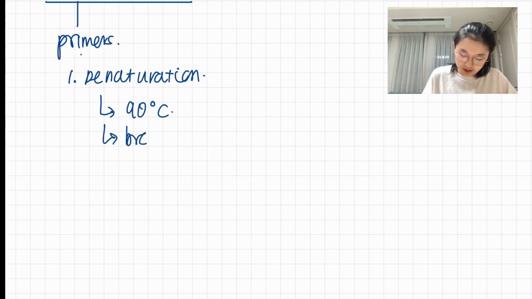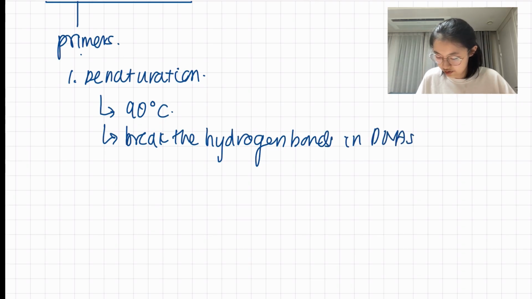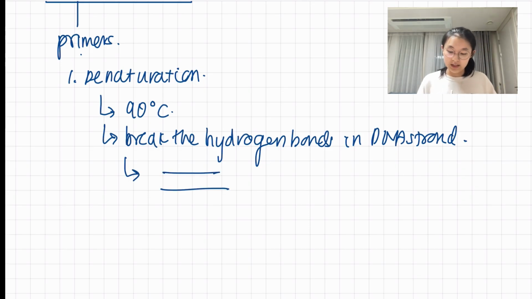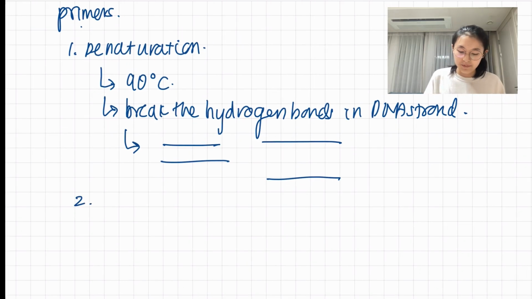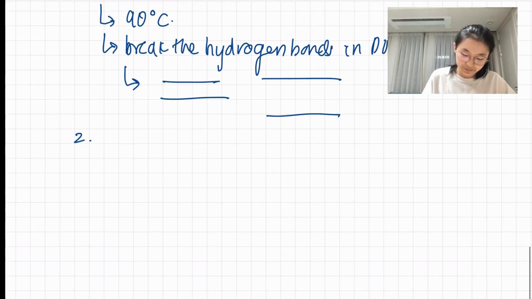We're trying to break the hydrogen bonds in the DNA strand. So we're going to create two strands from that because the hydrogen bonds that used to be between the nucleotides of the two DNA strands would be broken. And as a result, we're going to get two separate DNA strands. That's what we end up with in this process of denaturation.